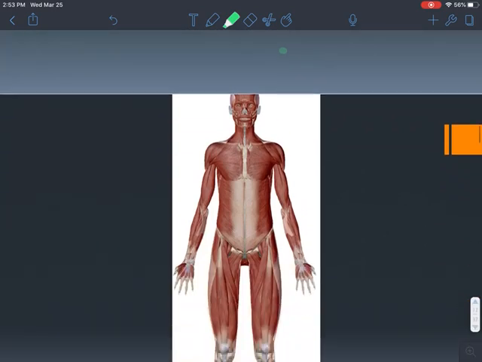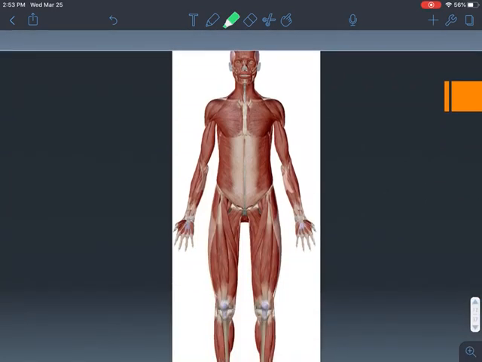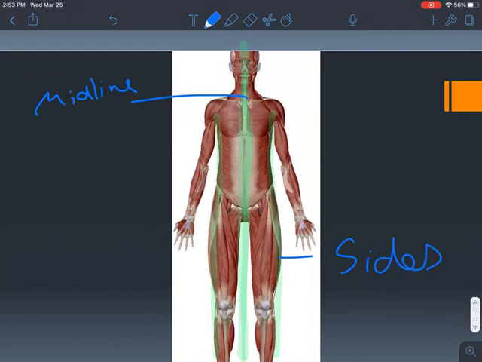All right, here we go. So the midline of the body, right, is right there. So anything medial is going to be closer to the midline of the body, whereas the sides of the body are here. Okay. So this is midline. These are sides. Okay.